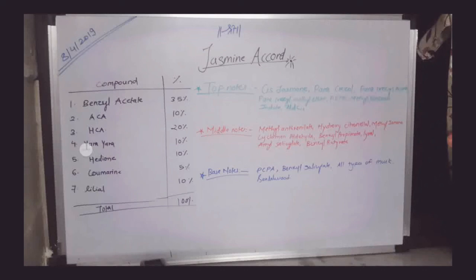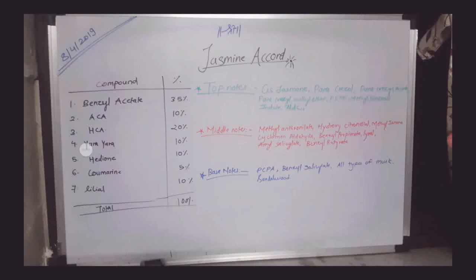In the middle note, what we are going to add is methyl anthranilate, hydroxycitronellal, citronellal, methyl ionone, cyclamen aldehyde, benzyl propionate, lyral, amyl salicylate and benzyl butyrate. These are the things we can add in the middle note. Next is the base note.